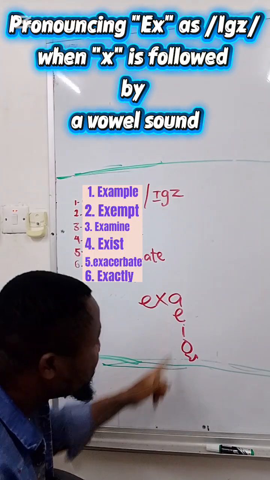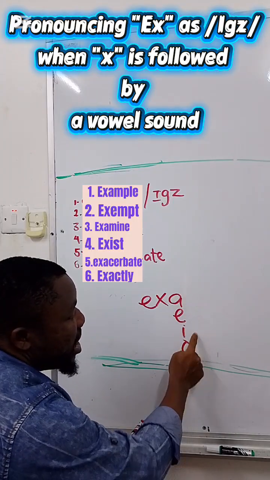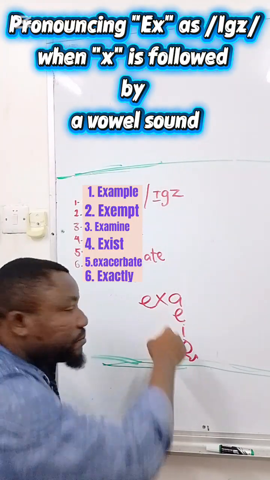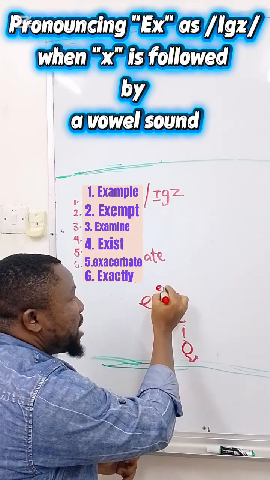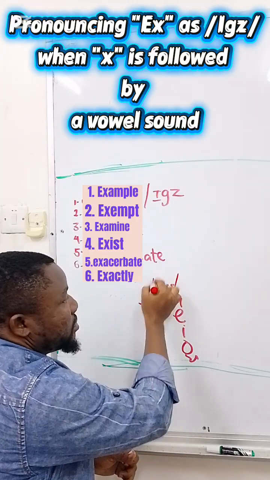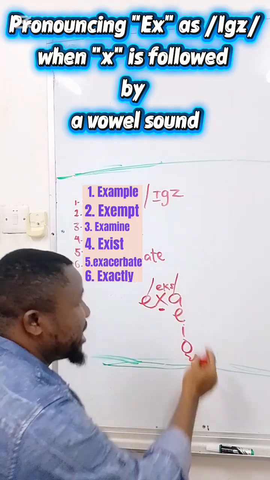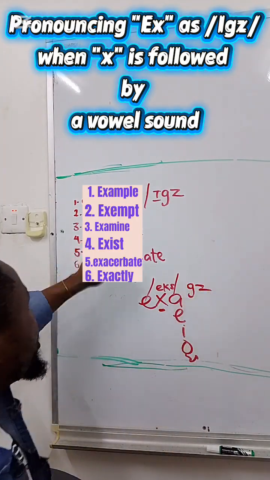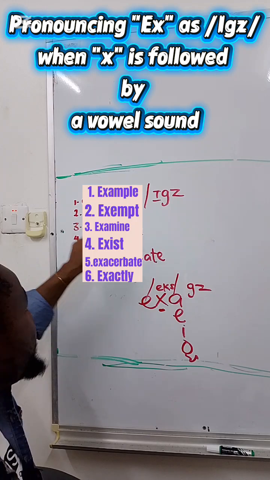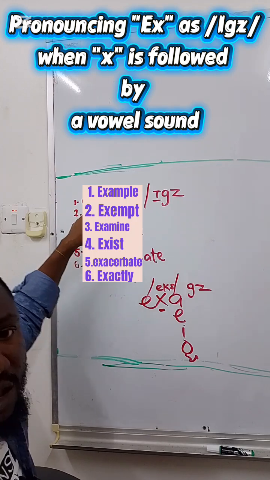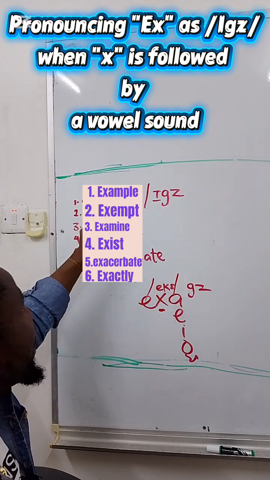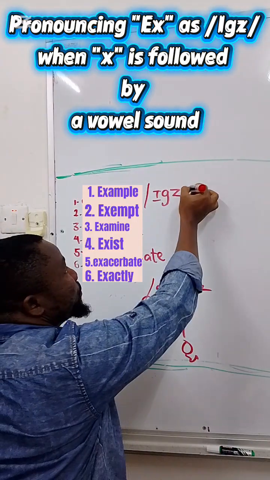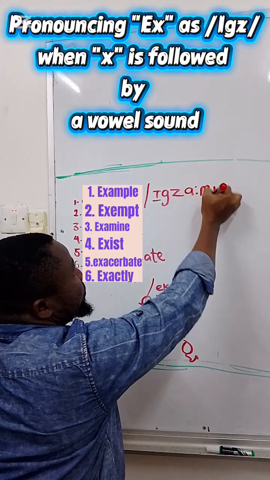So when you have any of these letters coming immediately after the X letter, this X isn't pronounced as X. Most of the time, in this case, we pronounce this X as giz. So you notice that in example, we have E, we have X, we have a vowel letter after it.